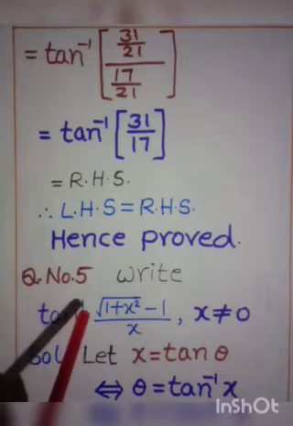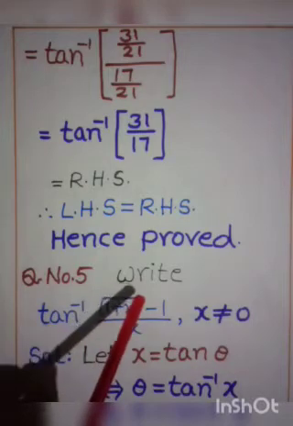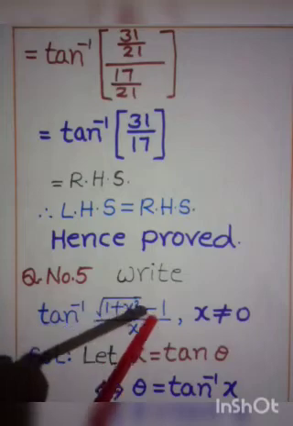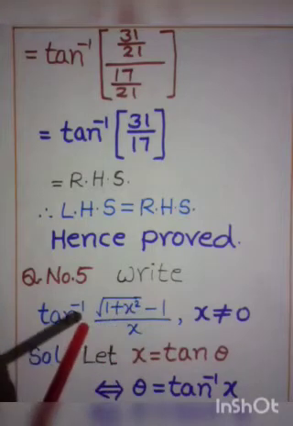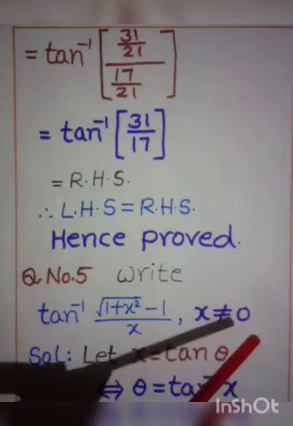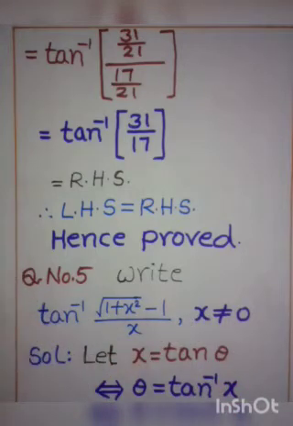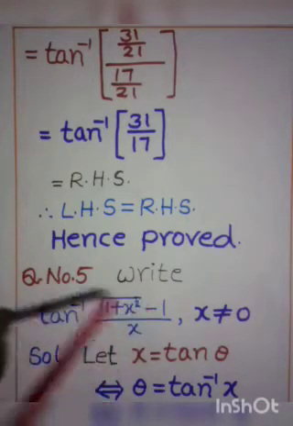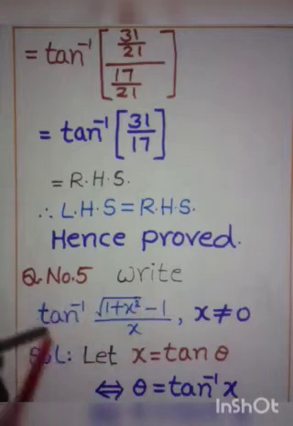Now come to question number 5. Write tan inverse of square root of 1 plus x square minus 1 whole divided by x, x is not equal to 0, in the simplest form. We have to write this one in the simplest form.